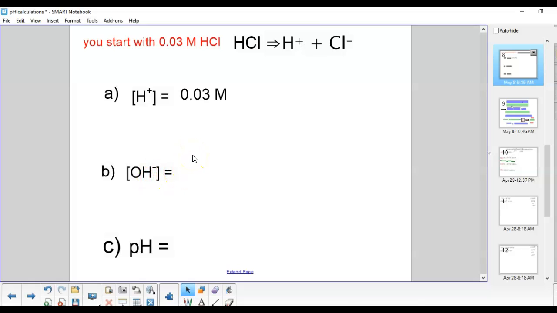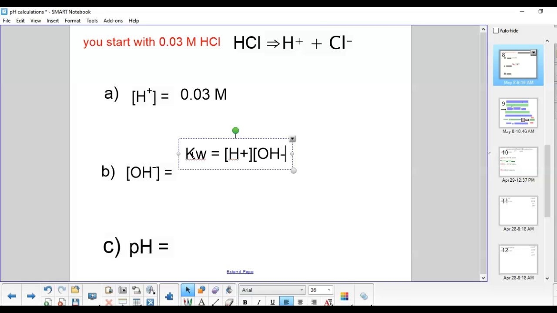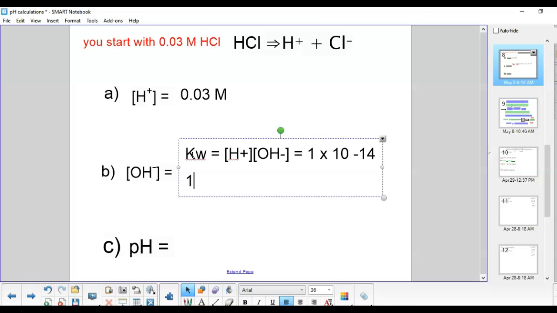Well, I know that Kw equals hydrogen times hydroxide, and that equals 1 times 10 to the minus 14. So 1 times 10 to the minus 14 divided by 0.03.